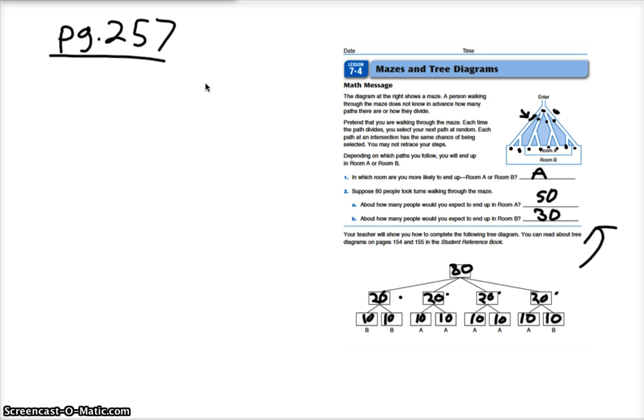So if we add these up, I have 10, 20, 30, and I have 10, 20, 30, 40, 50 right there. So we're just giving ourselves something written, something that we can see, which can help us understand the concept of probability and chance. Okay, let's take a look at the next page.